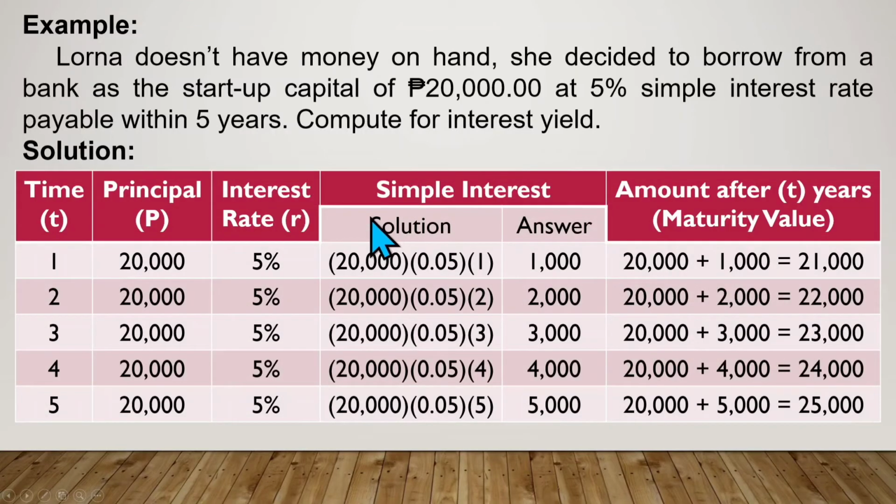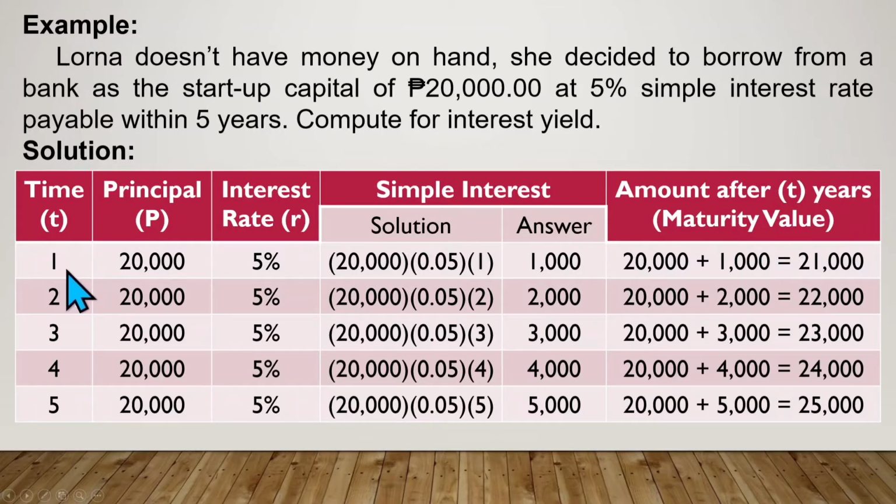So look at the table. For time T, we have 1, 2, 3, 4, 5. So 5 years. And then we have the principal, 20,000. And then the interest rate, which is 5%. And then the next columns are the simple interest and the amount after years, or maturity value.